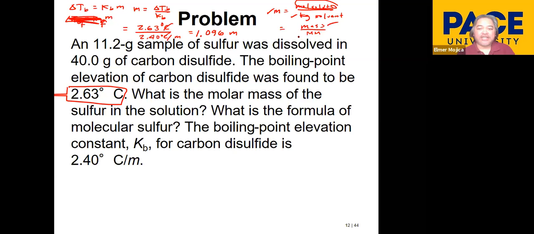We also have the mass. So the way that we're going to do it, we rearrange this one. We have a molar mass equal to, how do we arrange that one? Mass over molality times kilogram solvent.